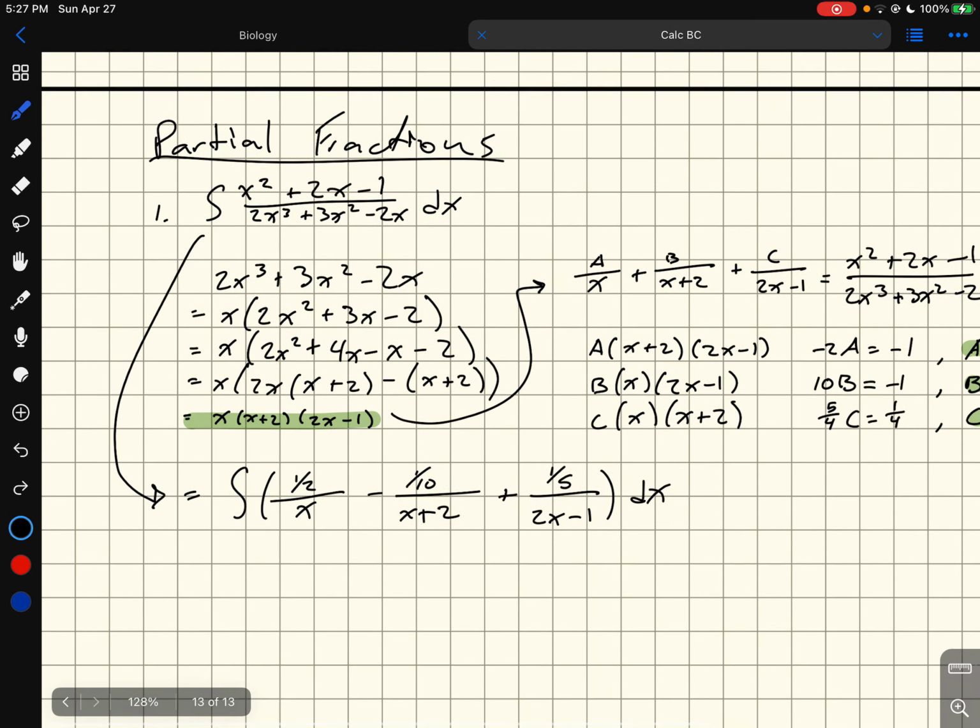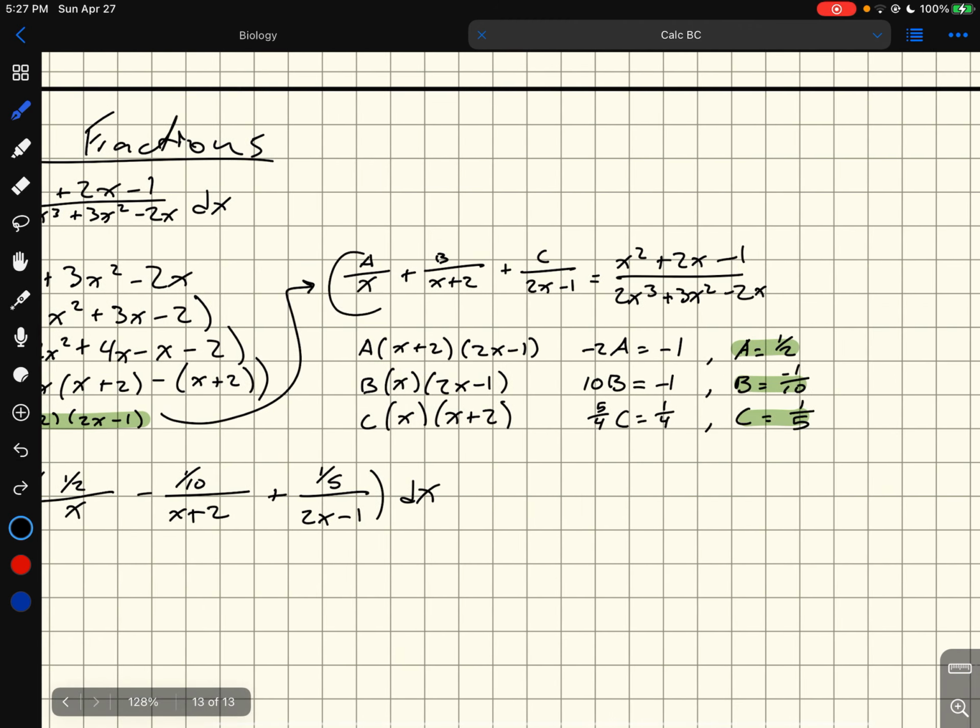So what we did is we factored out the denominator, and then we know that these three mystery numerators A, B, and C, added together after you make common denominators, you get this. So we just had to figure out what A, B, and C were. To figure out A, B, and C, you multiply it to the denominator's factors that it does not have.